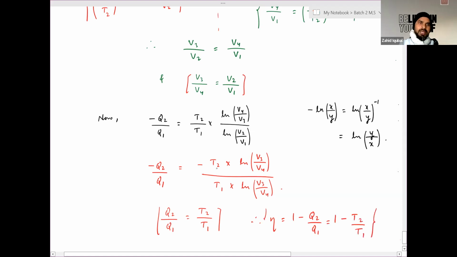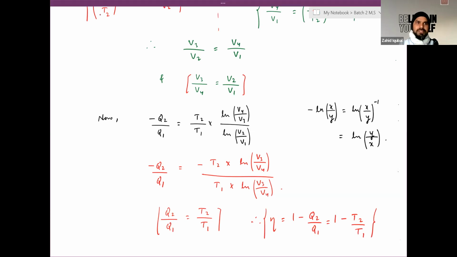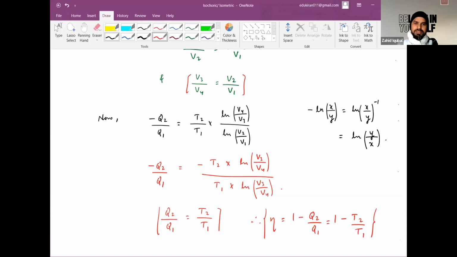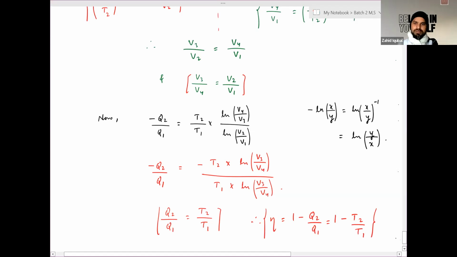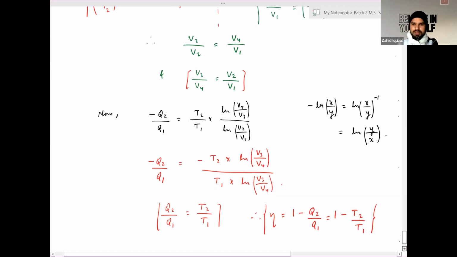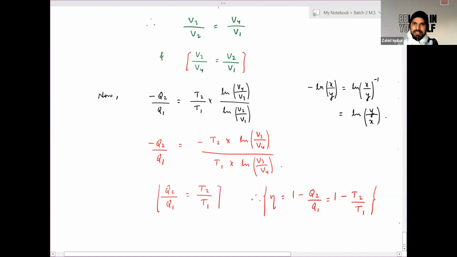So you'll be asked to calculate or define efficiency in terms of temperature. So you have to do this entire process. Arslan, any doubt?